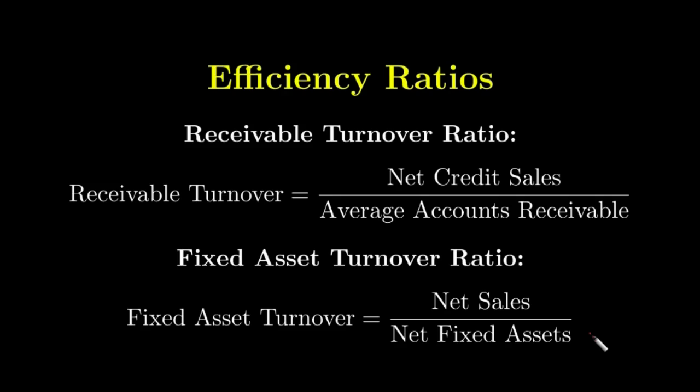So how efficient is a company at using these things to make sales? We look at the total sales divided by the net fixed assets, and you're probably going to get this information from the balance sheet and other financial documents, but mostly from the balance sheet. So these are the three ratios we've talked about in this video.